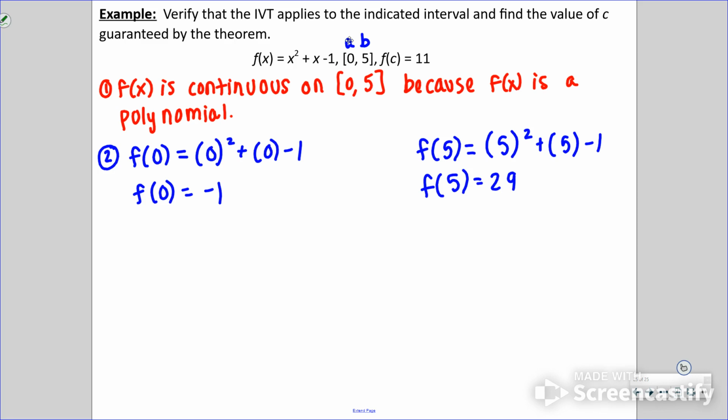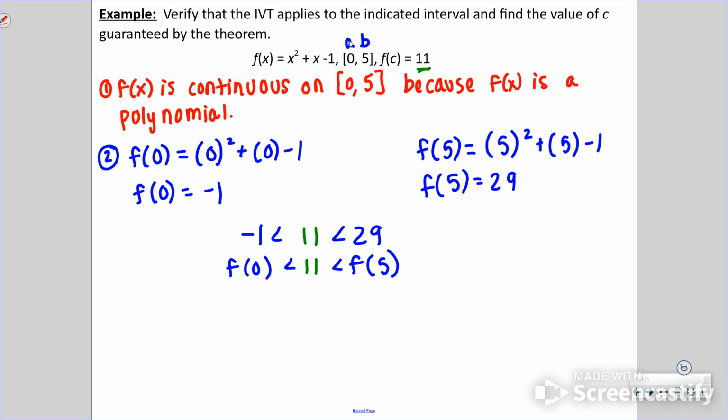So does the output 11 lie between those? Yes. So the output of 11 lies between f of 0 and f of 5. So then we can use the intermediate value theorem.